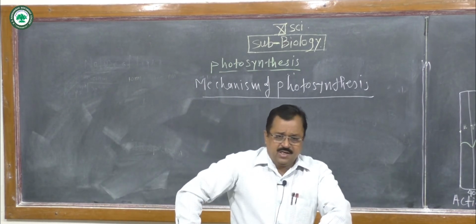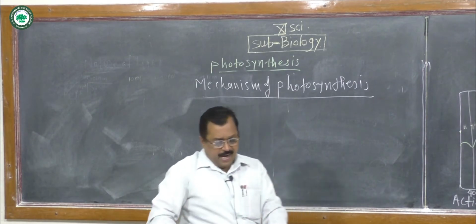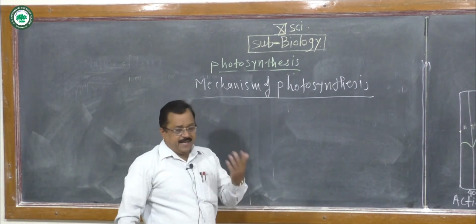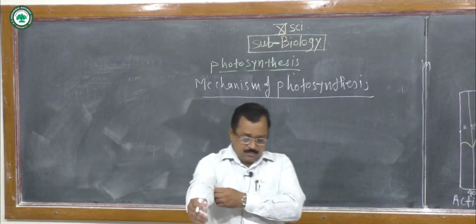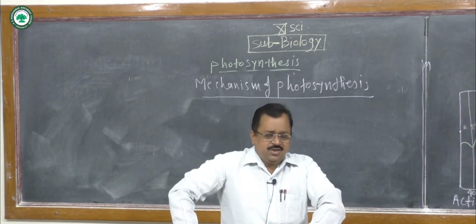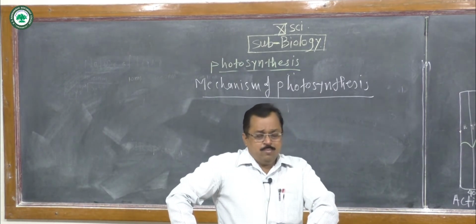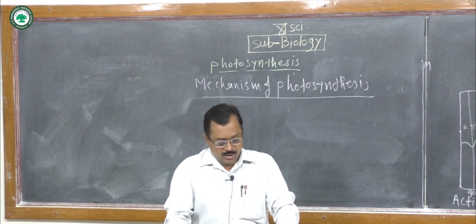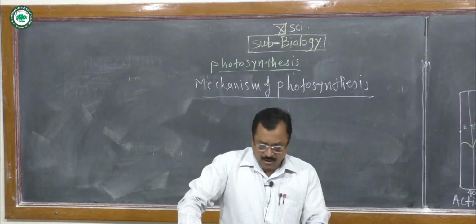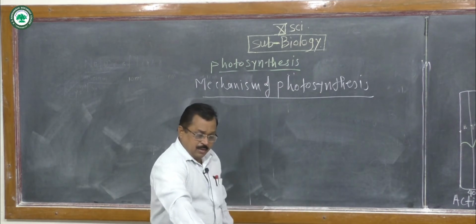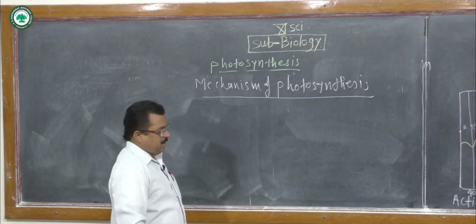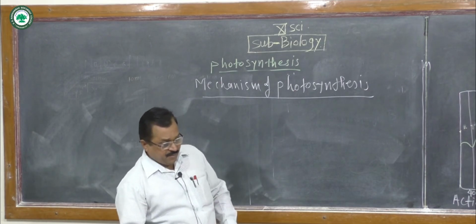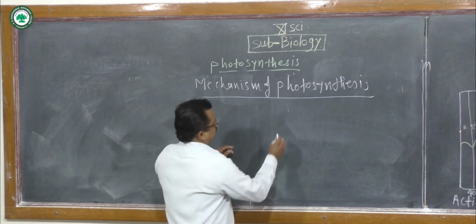Before 1930, it was assumed that oxygen is evolved from CO2 and not from H2O. In 1930, Van Niel proved that bacteria use H2S.